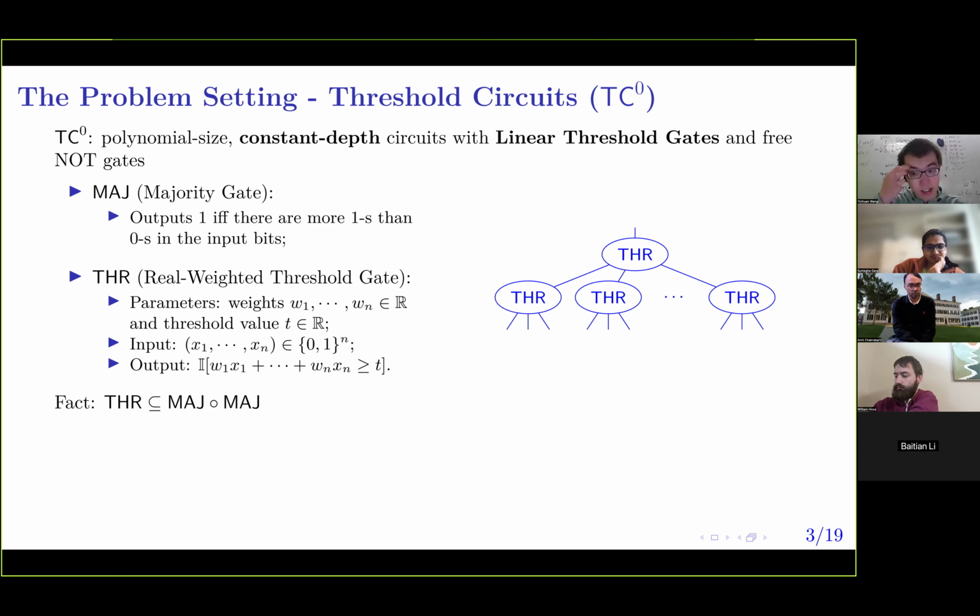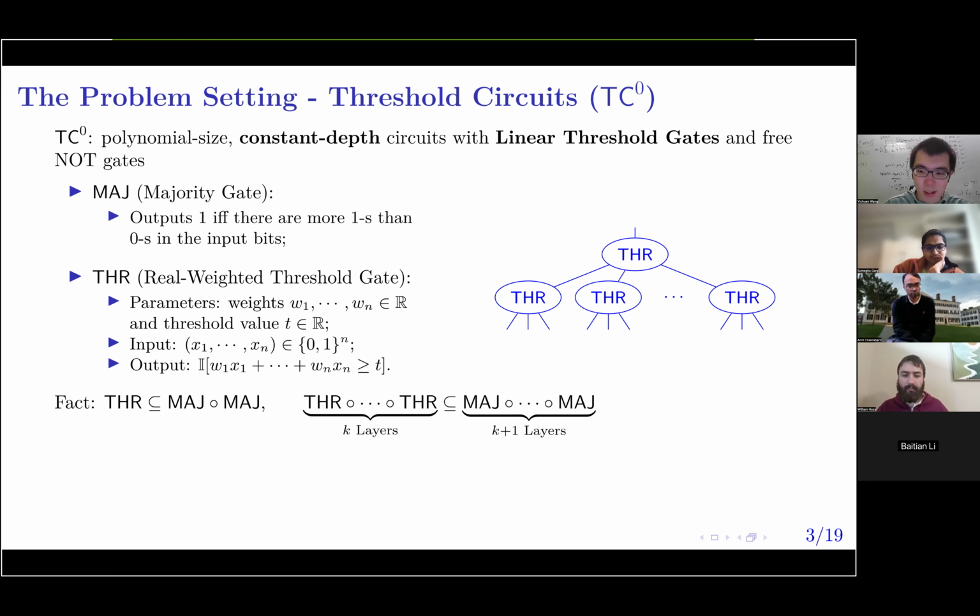For those two types of gates, we have this relation: one layer of threshold gates can be simulated by two layers of majority gates. So the TC0 circuit classes defined by those two types of gates are actually the same. In fact, there is a more general relation: any constant k layers of threshold gates can be simulated by k+1 layers of majority gates.